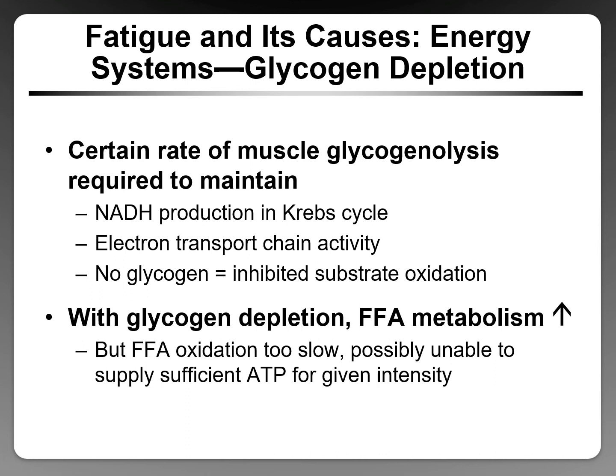If there's no carbohydrates, I don't care how much fat you have available to you for oxidation, you can't turn the Krebs wheel. So if there's no glycogen, there's no glucose, you're fatigued, you're out. When we have glycogen depletion, our free fatty acid metabolism is going to increase. But if it's too slow, we can't supply sufficient ATP for the given intensity, and we burn out.